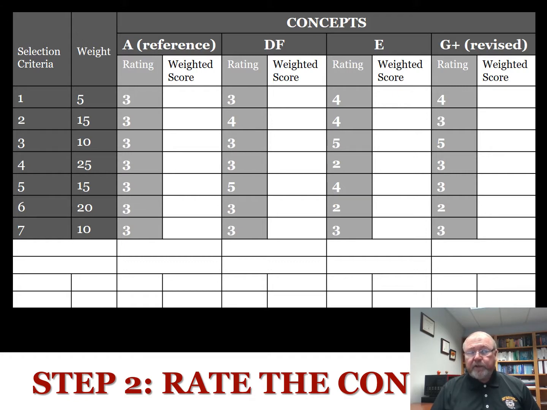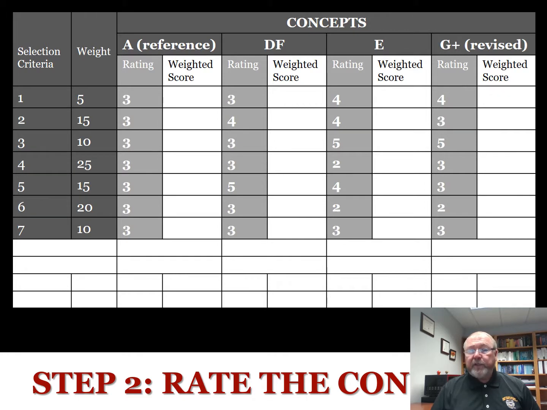It was worse on criteria 4, and criteria 4 is the most important of the criteria. And then it was better on criteria 5, worse on criteria 6. Well, that was the second most important criteria. It had a weight of 20. And then the last criteria, it had a weight of 3. It was similar.